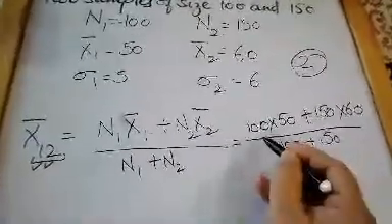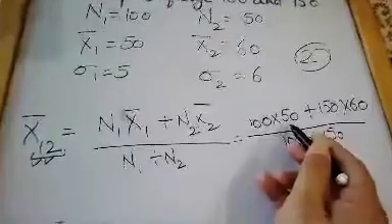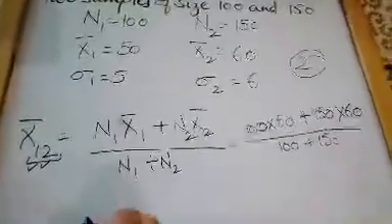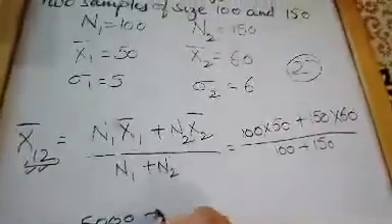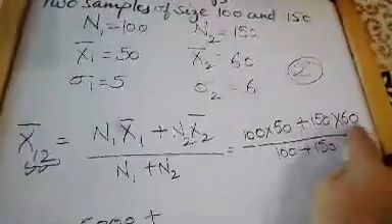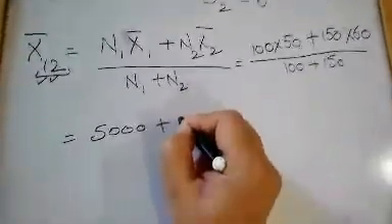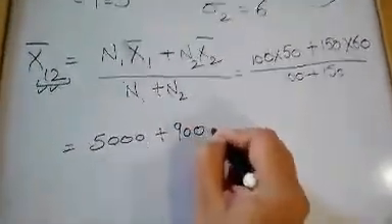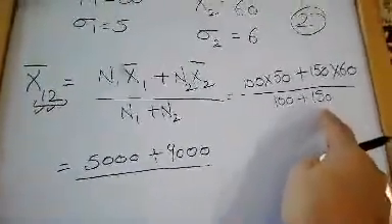When I multiply 100 by 50, what will be the answer? It is 5000. Then multiplying 150 with 60, I get 9000. Then I have to add them.